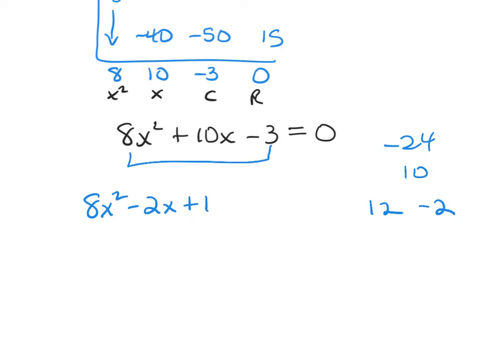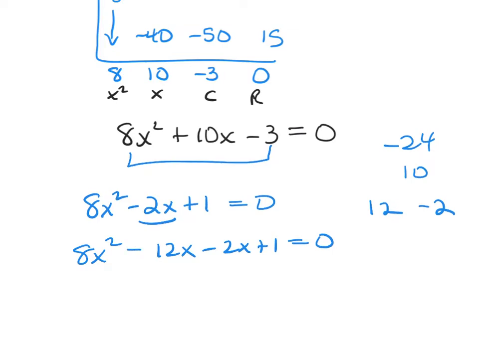So let's change this. So 8x squared, change and make this plus 12x minus 2x plus 1. Doesn't matter how you put them in there. Actually, my signs are off. Let's fix this.